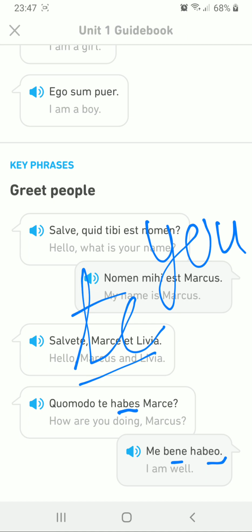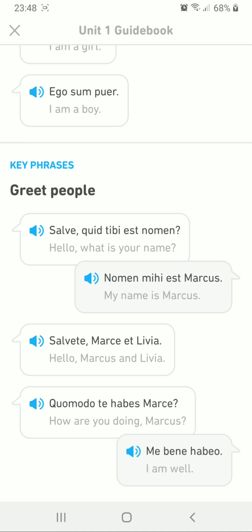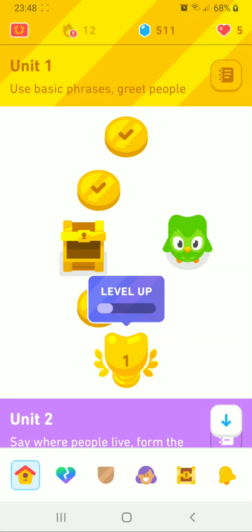Bene is good, well, but me would be like how am I doing, not as a subject, it's more like an object. Okay, I lack the vocabulary and the terminology to explain. I will try to do some research for next time.